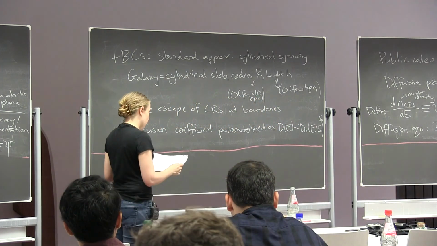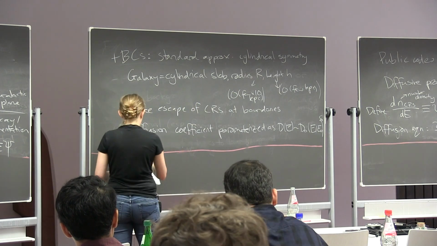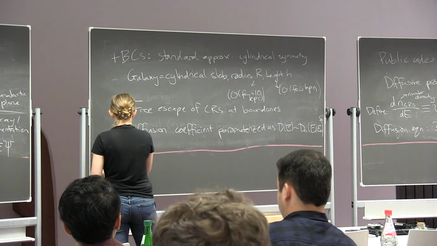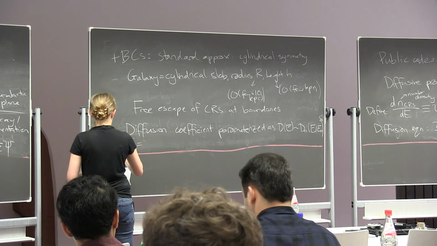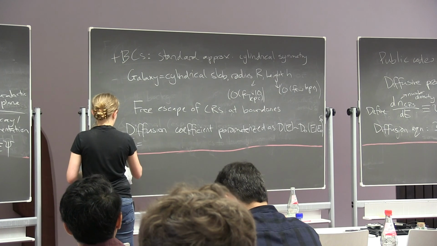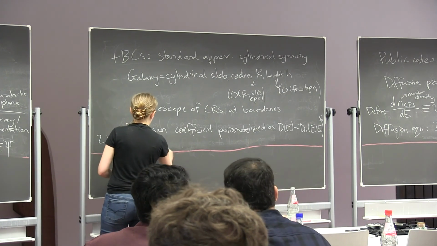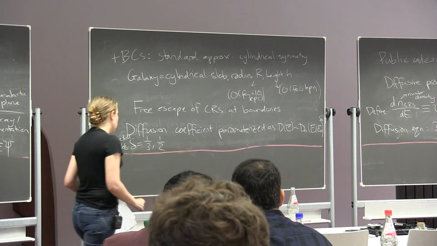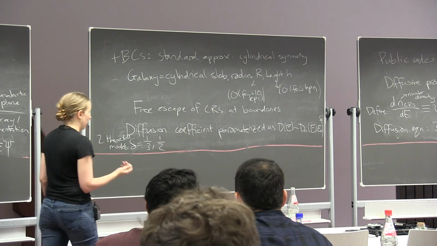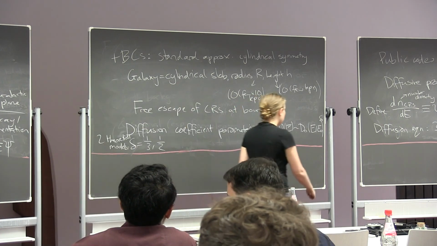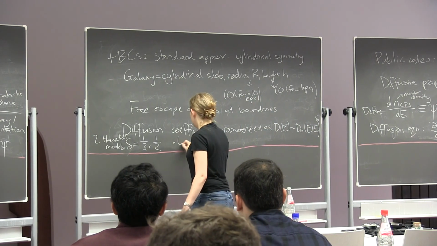There are some theoretical models for what delta could be. For example, two theoretical models of the turbulence, which are called Kolmogorov and Kraichnan diffusion, predict delta equals 1/3 or 1/2, respectively. There were earlier studies, where people often talked about delta of about 0.7 because that seemed to fit earlier cosmic ray studies better, but the more recent papers seem to be finding something closer to 0.4 to 0.5.